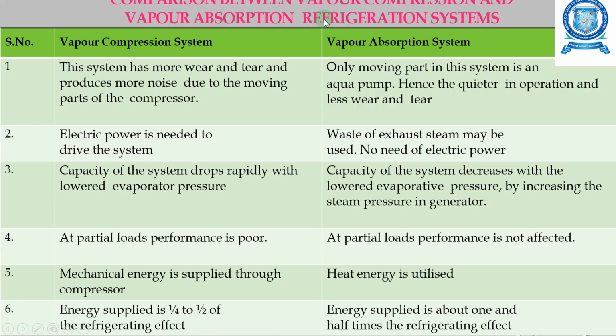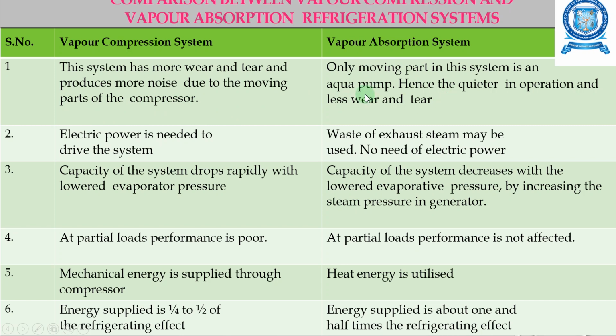Now, comparison of vapor compression and vapor absorption refrigeration systems. First is the vapor compression system. This system has more wear and tear, and also produces more noise because of the moving parts of the compressor.